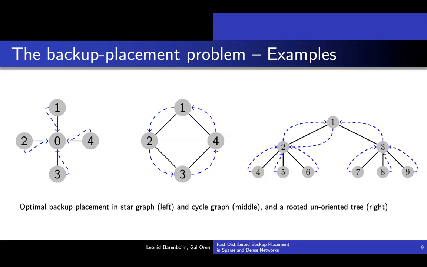And by that, the maximal backup burden would be of size v-1, a less good result. On the right, you can see a rooted, unoriented tree. The optimal solution in this case forces all the nodes, besides the root, to choose their parents to be their backup nodes. By that, the maximum load is delta.